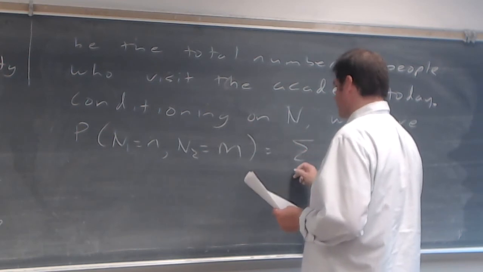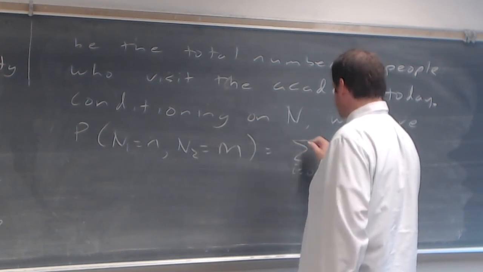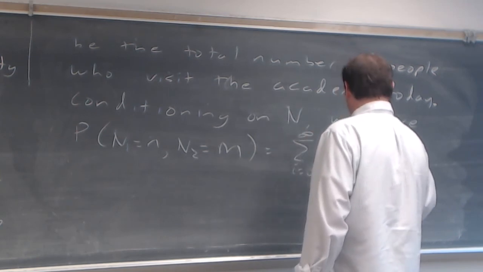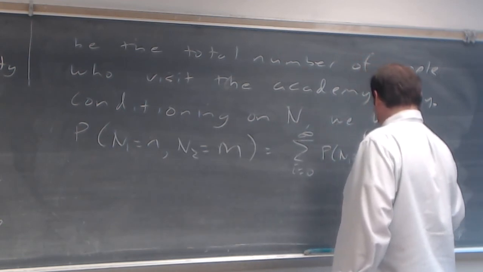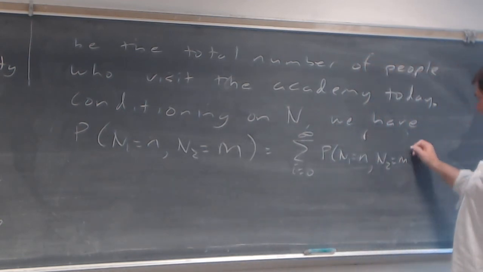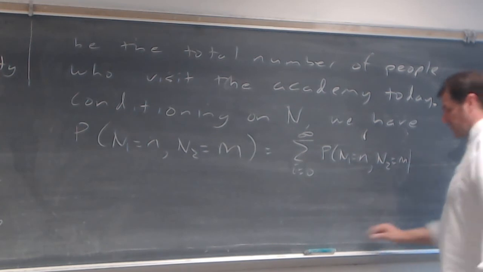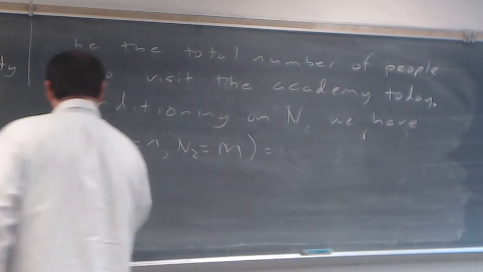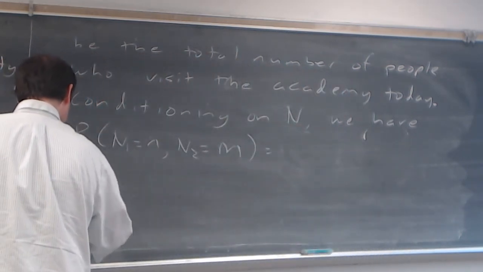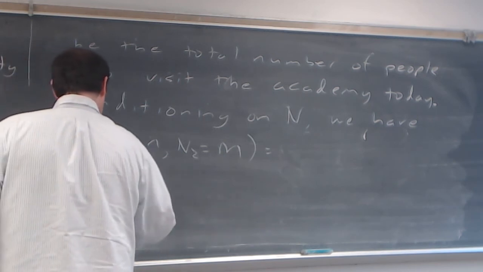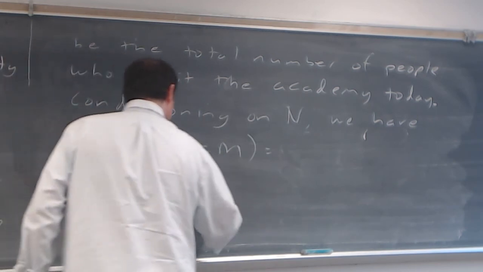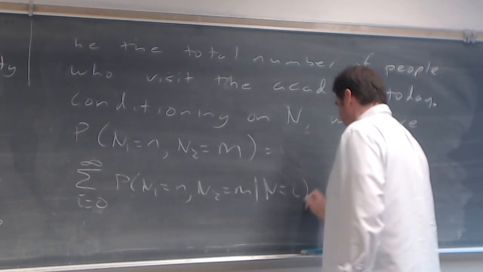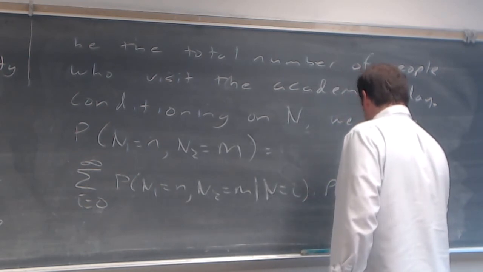By our fact, that's equal to the sum as i runs from 0 to infinity of the probability that n sub 1 equals n and n sub 2 equals m, given that n is equal to i, times the probability that n is equal to i.